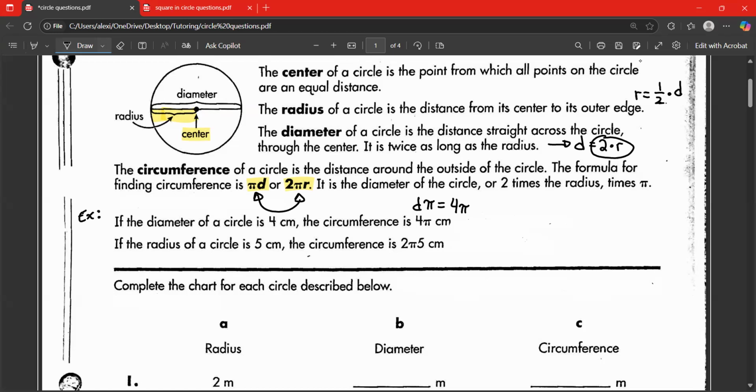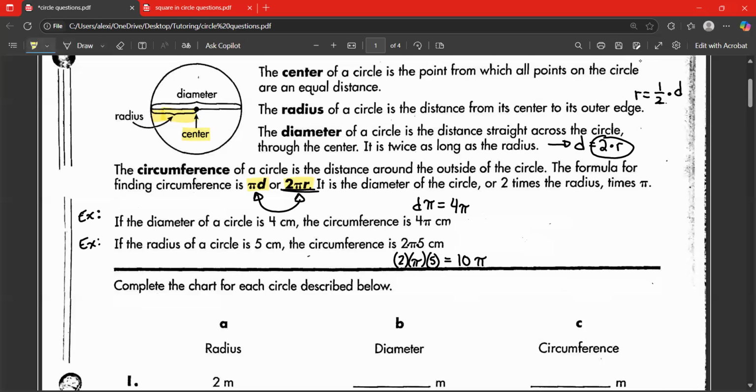All right, here's another example. If the radius of a circle is 5 centimeters, the circumference is 2 times pi times 5. I can write it with parentheses because we're using the formula 2 times pi times radius. Multiply the 2 and the 5 together and we get 10 pi.